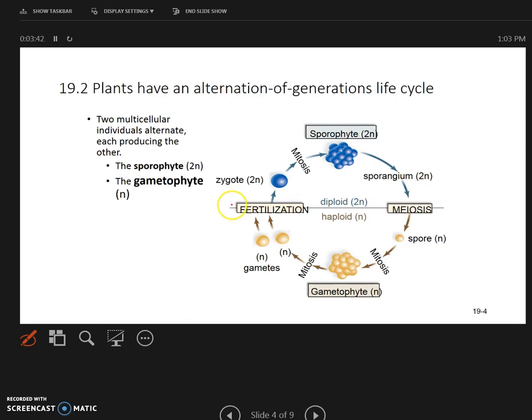Plants have something very unique, which is above the algal ancestors. What is that? They have two multicellular individuals that alternate.